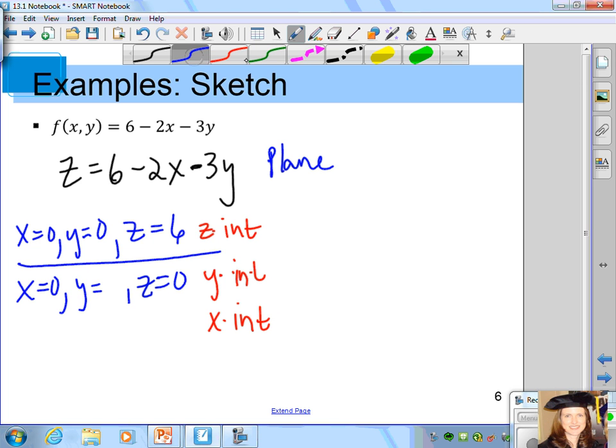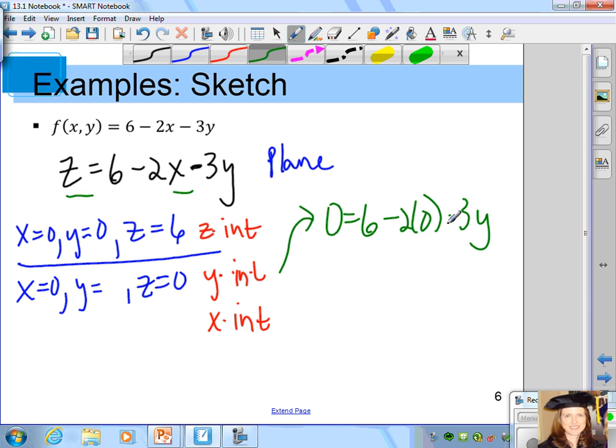To find this y-intercept, we let x and z both equal 0. So plugging in 0 for x and 0 for z, our equation becomes 0 equals 6 minus 2 times 0 minus 3y. When you simplify this equation, you get 3y equals 6, so we get y equals 2. Y equals 2 would be the y-intercept.